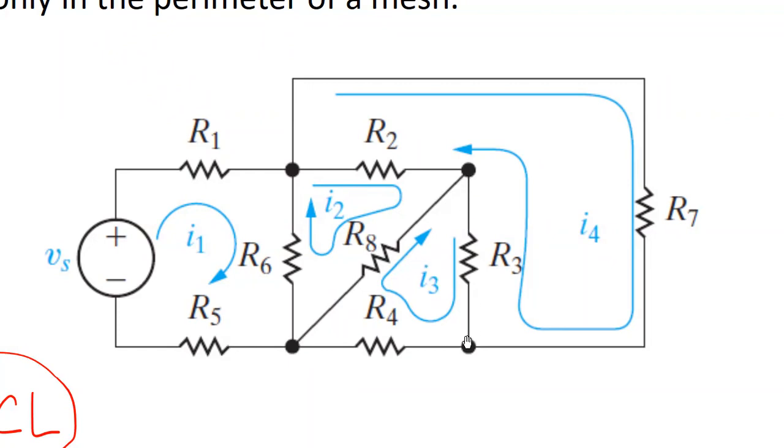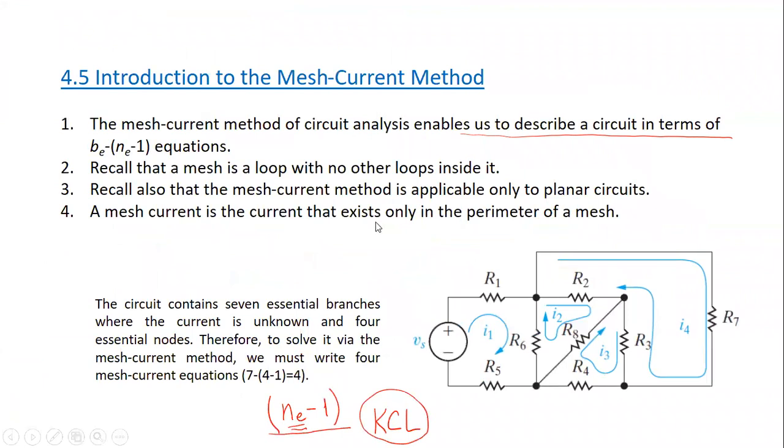It is the current of the mesh, the current which is flowing in the perimeter of the mesh. And similarly for I2, similarly for I1, you can start from this point and come back to this point. So the mesh current is that current which flows or exists only in the perimeter of a mesh. Any questions about this slide, please?